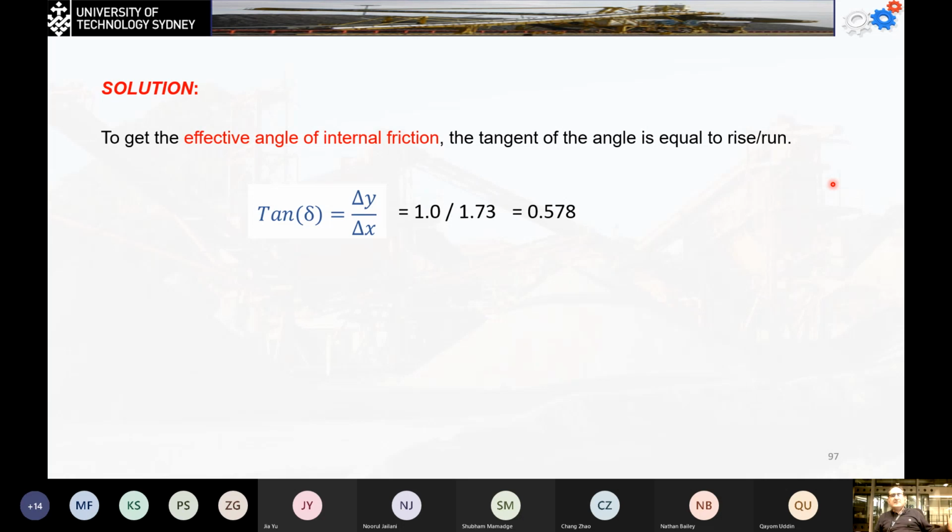Of course, in that case, the delta itself is going to be the tangent inverse of this value. So we can find delta, which is going to be equal to 30 degrees. Now I'm going to use the other 2 parameters for the wall friction test to find the wall friction angle. Just remember, this is delta, and I'm going to find the delta W.